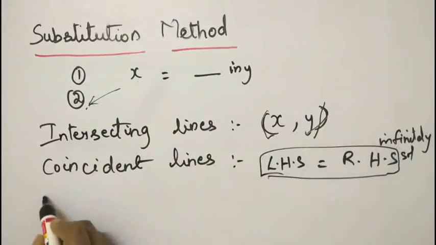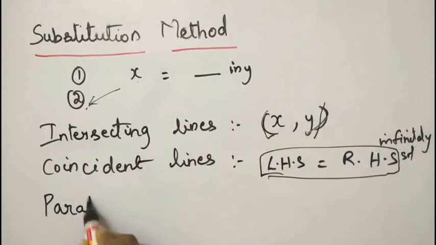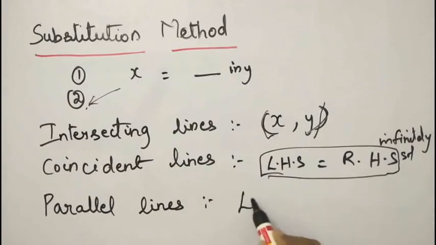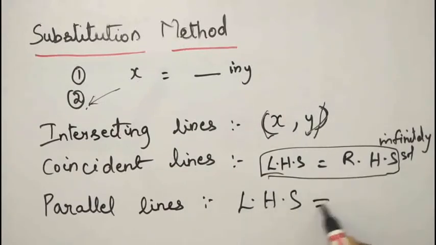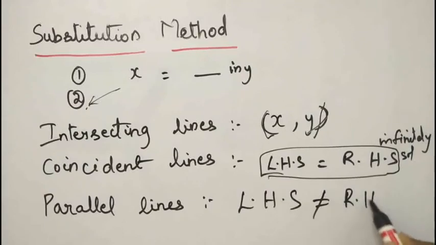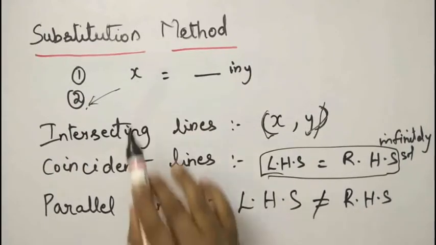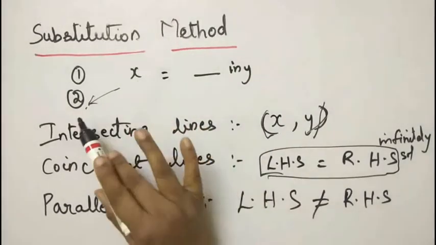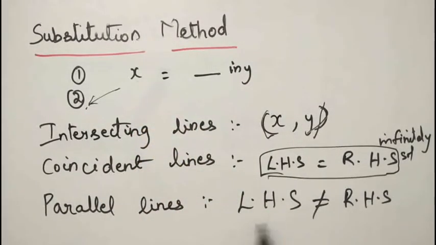In case of parallel lines, you will get LHS not equal to RHS. In this case, you won't get the value of x and y, but after substituting the value of x in equation 2, you will get the left hand side value not equal to the right hand side value.